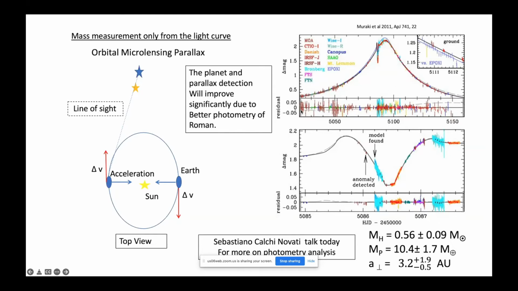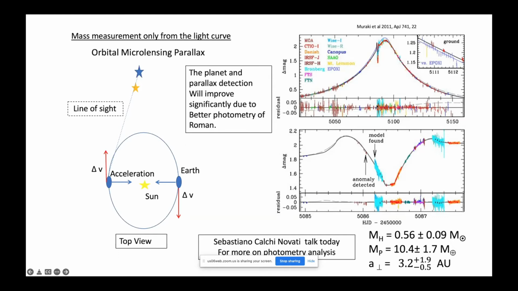You can see in the residual, there's this faint gray line that would have been the curve without the effect of parallax. And the model that fits with the effect of parallax actually fits the observation data points really well. So that's how, with the modeling, we can even determine the parallax.